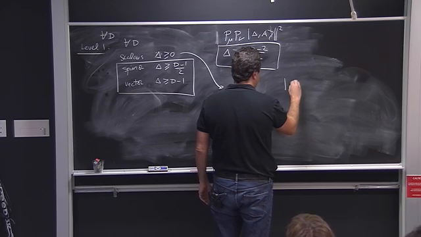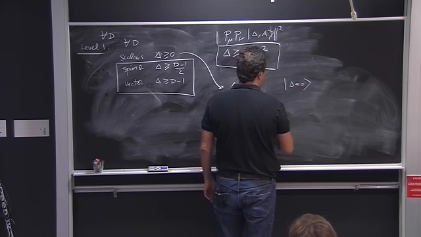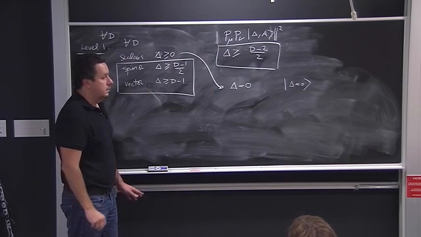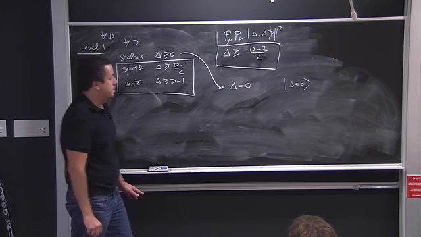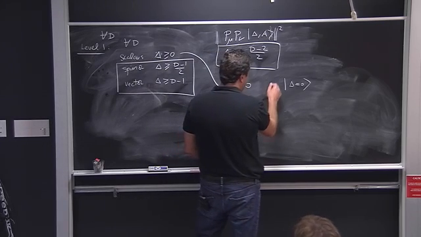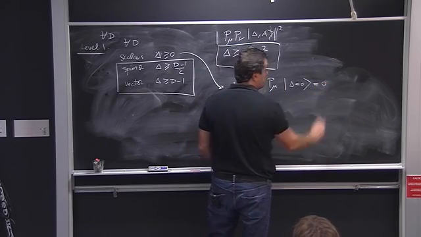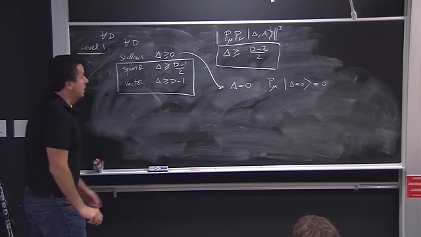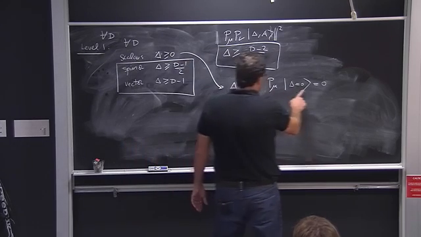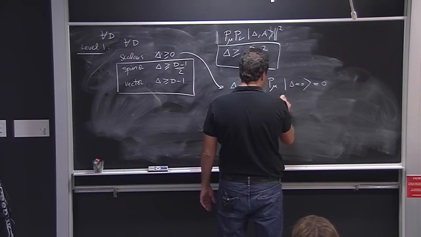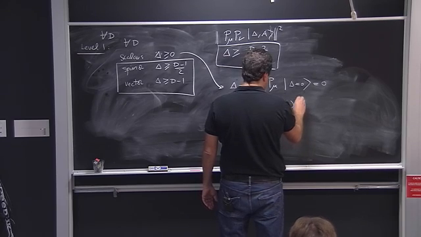Well, the first statement is that this guy is 0, there's a null vector. And this means that the operator that created this state, so imagine this state was created by O at 0, acting on the vacuum.